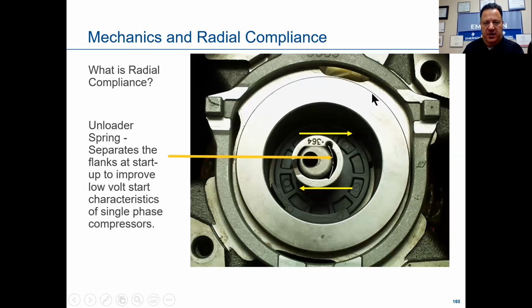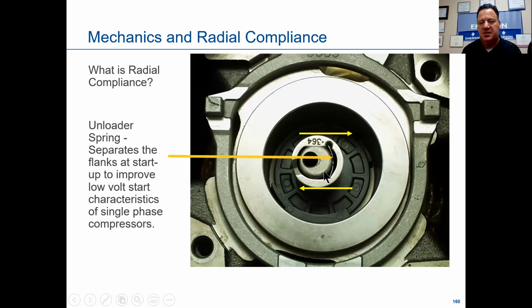This is what we call radial compliance, and radial compliance, to me, is just as simple as saying horizontal movement, side to side, and what allows the scroll set to tolerate a liquid droplet, if you will. There's a piece of Swedish steel right here inside this bushing.